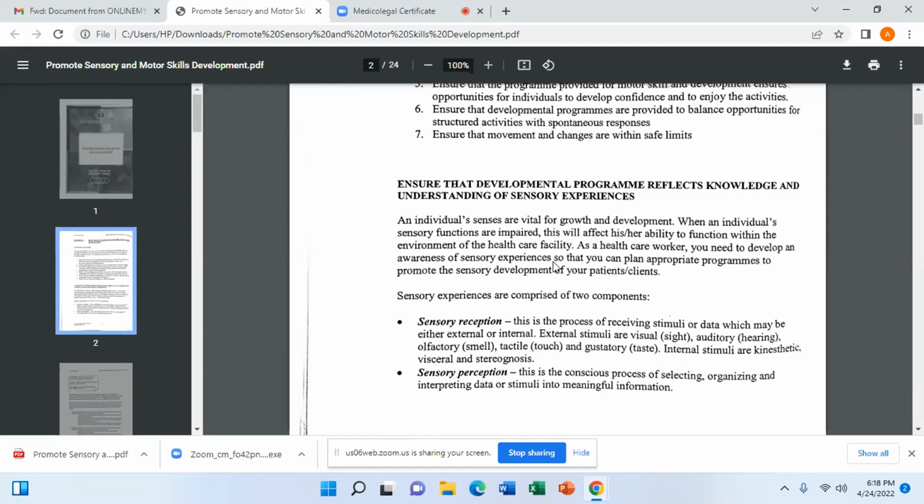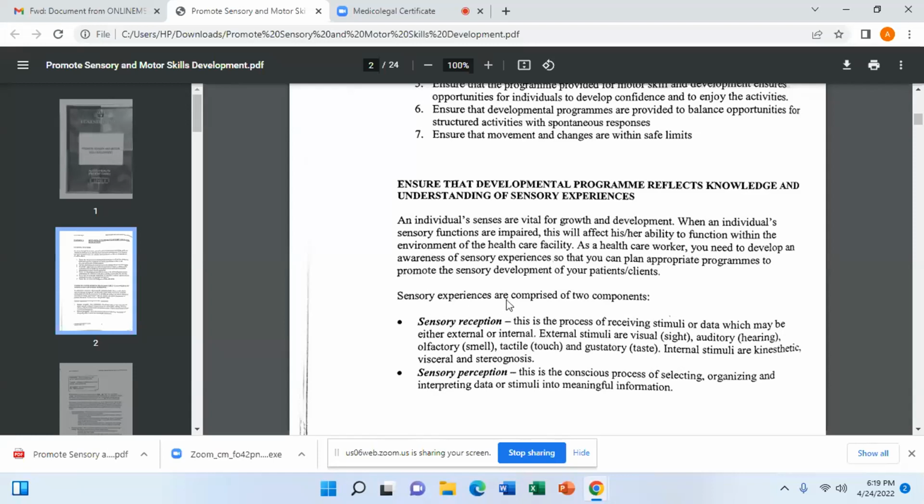So if persons are losing their sense of sight, you have to actually be aware of certain things that you would look out for that person, right? Certain things that you change in the environment so that they don't harm themselves, and also to make them as comfortable as possible, right? It's the same thing for somebody that's not able to hear, touch, smell, taste. That's what we're referring to when we say sensory impairment, right?